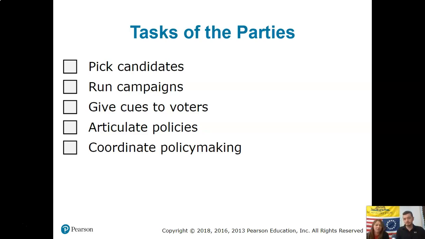So whichever candidate they choose, they're going to support them by helping to run campaigns and providing resources, etc. Give cues to voters. So, hey, voters, here's how the Republican Party stands on this particular issue, and then voters would kind of align their stance on that issue as well.